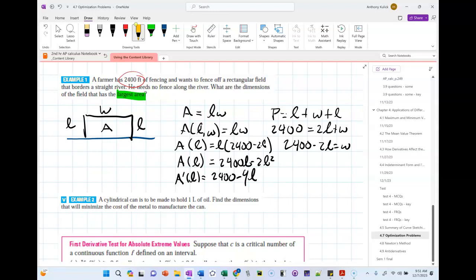So what is the smallest possible L we could have? And then what's the biggest possible L we can have? Yeah, 1,200. Great.